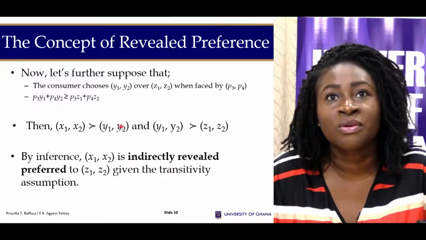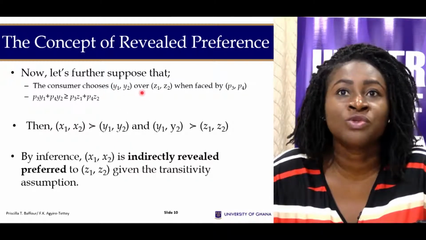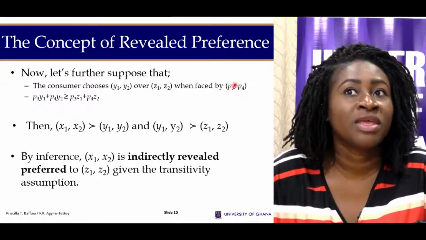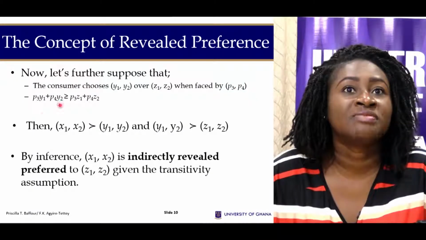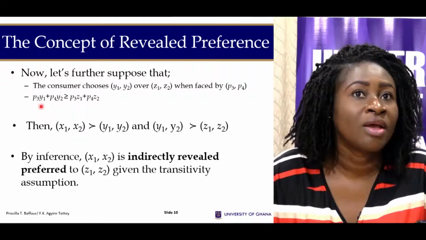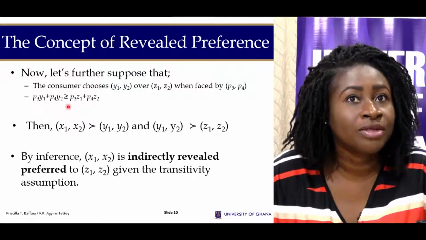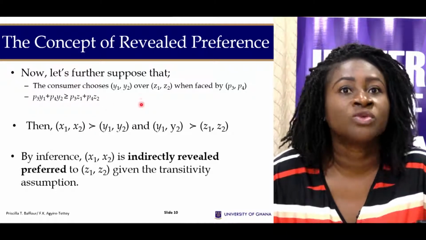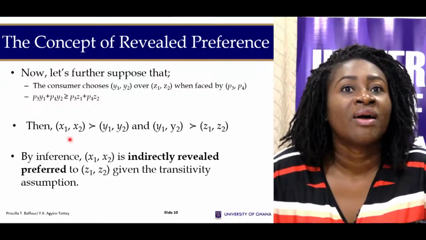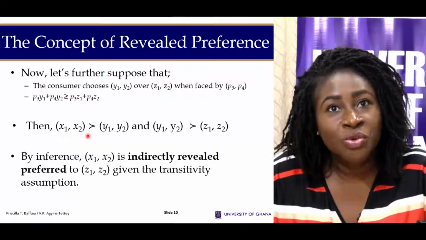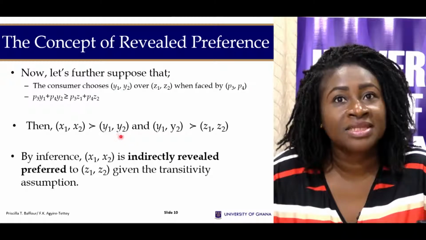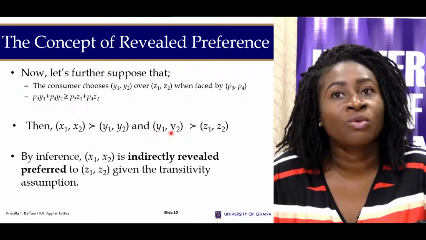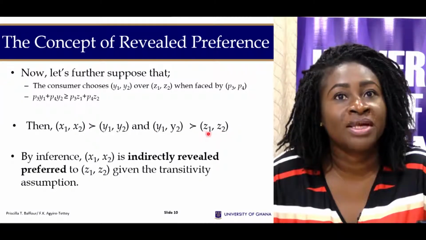Let's further suppose that the consumer chooses (Y1, Y2) over (Z1, Z2) when faced with prices P3 and P4. Then this means that P3Y1 + P4Y2 is greater than P3Z1 + P4Z2. We established earlier that (X1, X2) was preferred to (Y1, Y2), and here (Y1, Y2) is preferred to (Z1, Z2).